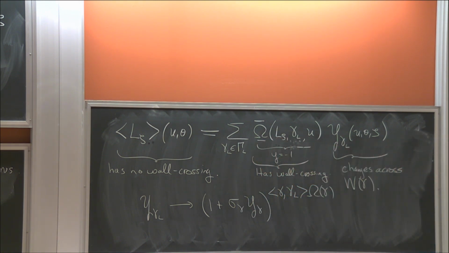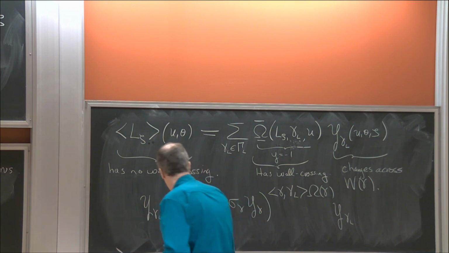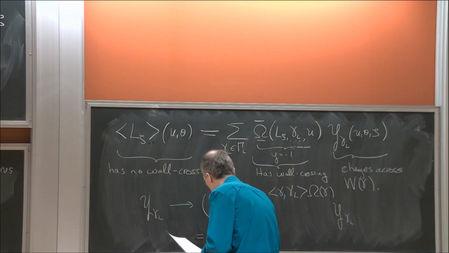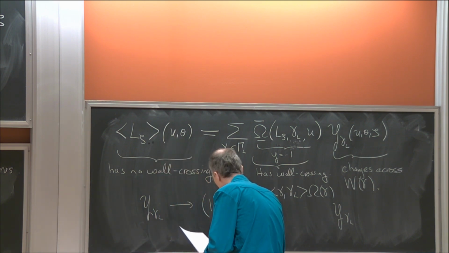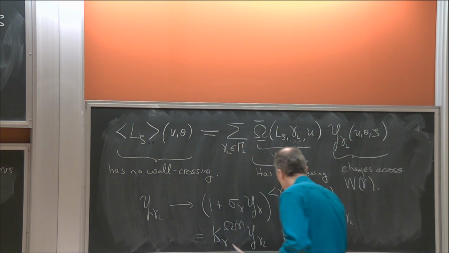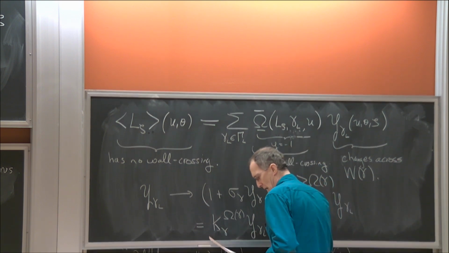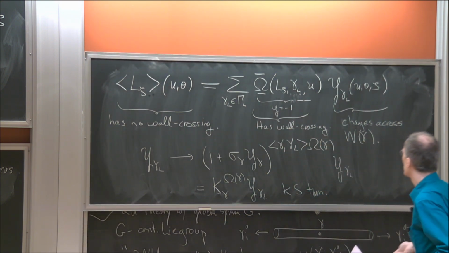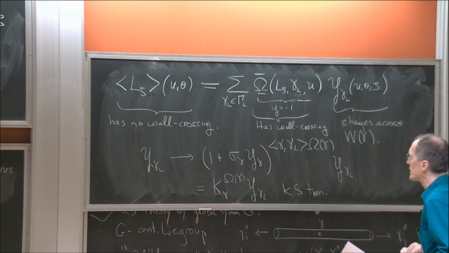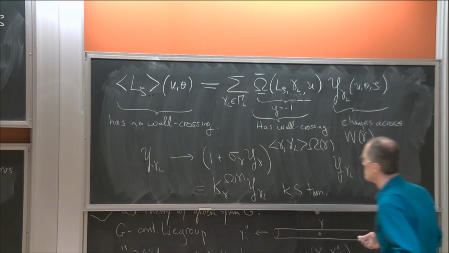OK, what happens is you get this formula here, y gamma L, equal to something we call K sub L to the omega of gamma on y sub gamma L. We call that a KS transformation, Kontsevich-Soibelman transformation. Those of you who like cluster coordinates and things like that will recognize that this is very close to a cluster transformation.